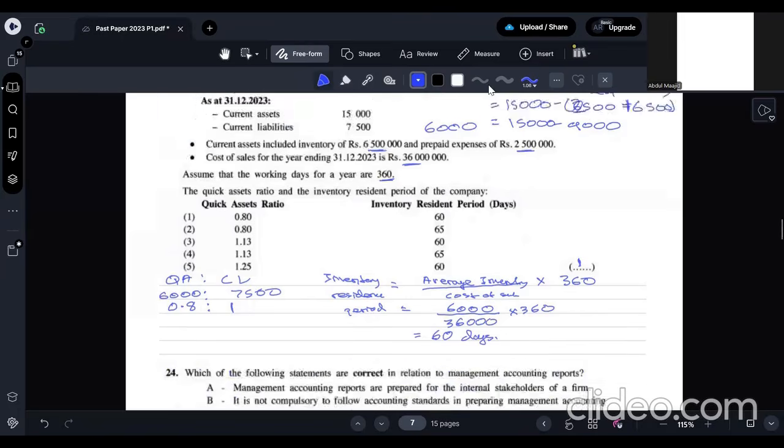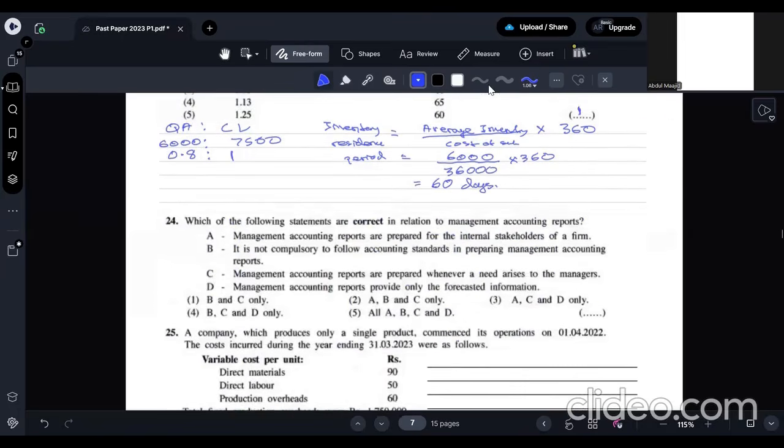Then 24. Which of the following statements are correct in relation to management accounting reports? Management accounting reports are prepared for internal stakeholders of a firm. Correct. It is not compulsory to follow accounting standards in preparation of management accounting reports. Correct. In management accounting, you don't have to follow accounting standards.